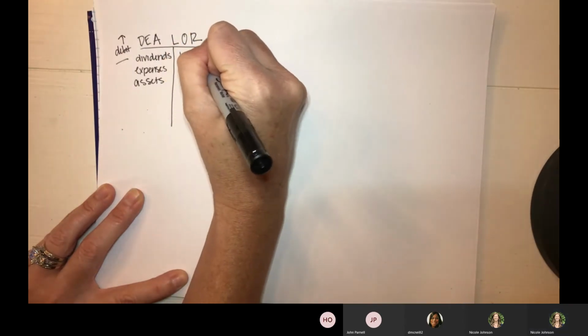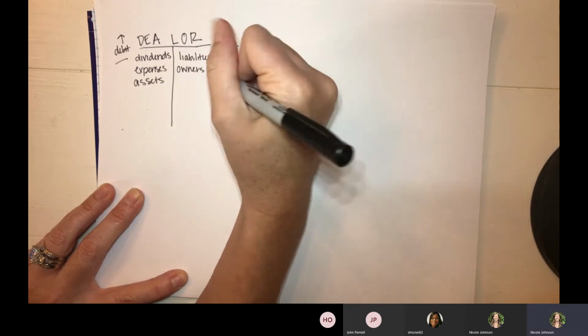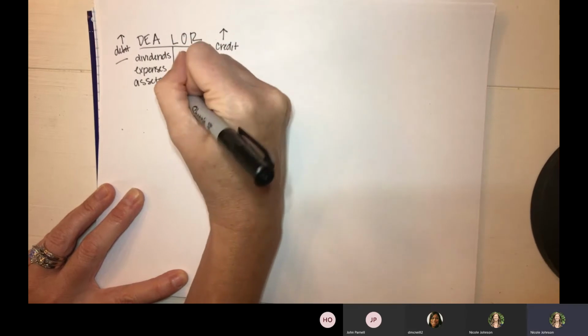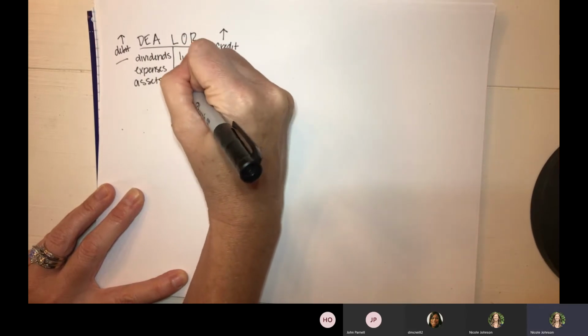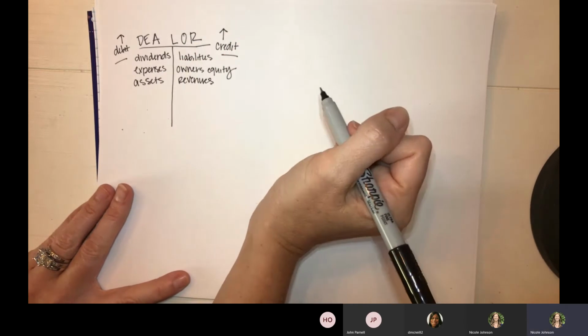Liabilities, owner's equity, which is the same as stockholders' equity, and revenues all increase with a credit.